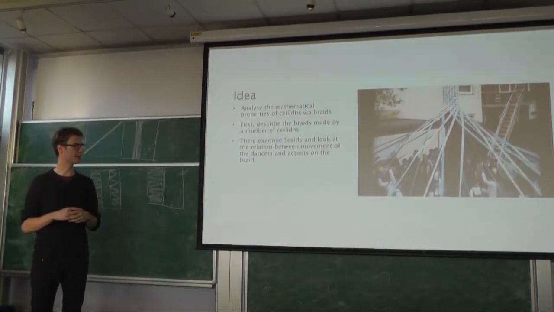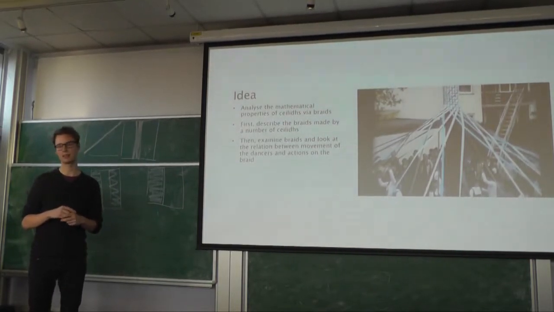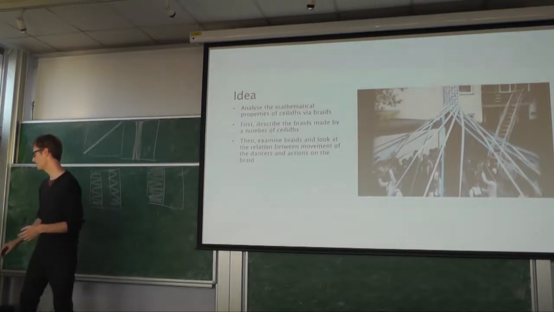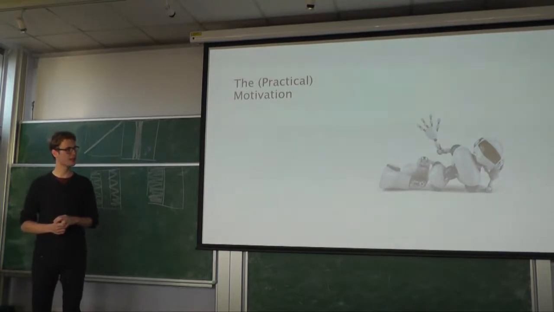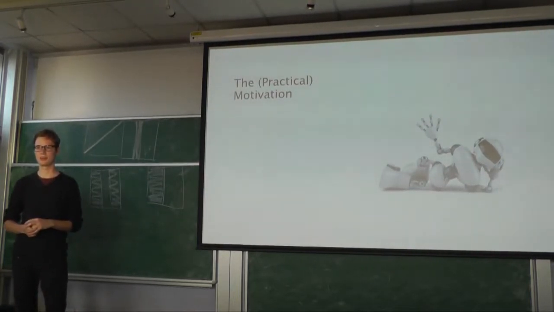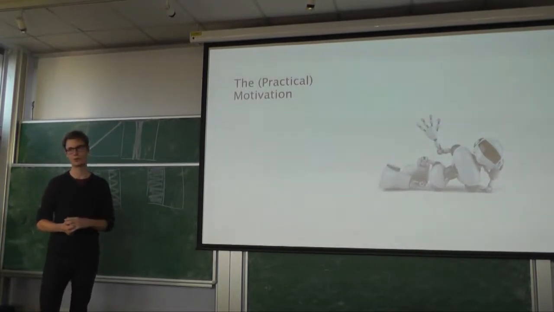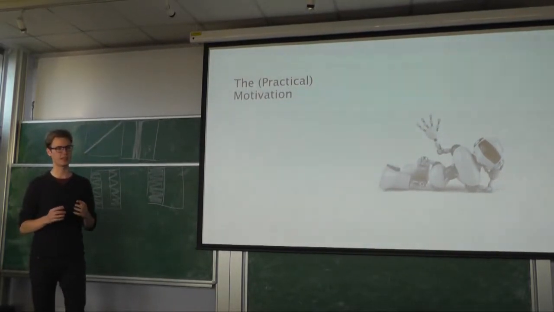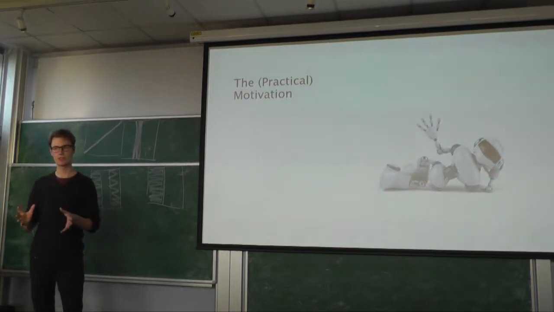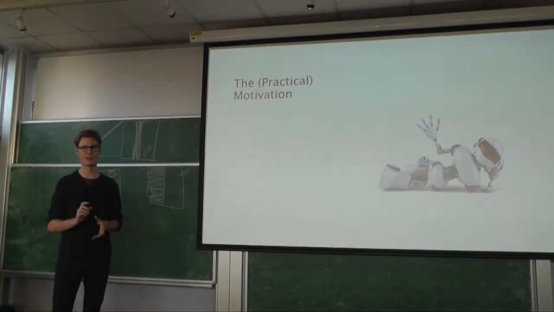And then the second part is actually why we do this. Braids have been used in motion planning and in collision avoidance algorithms because they give a way of moving around without colliding with one another.